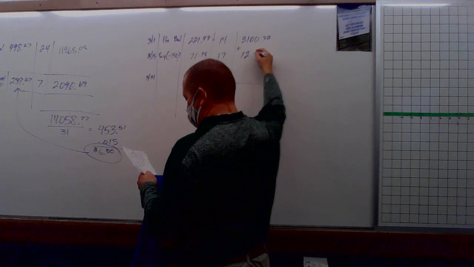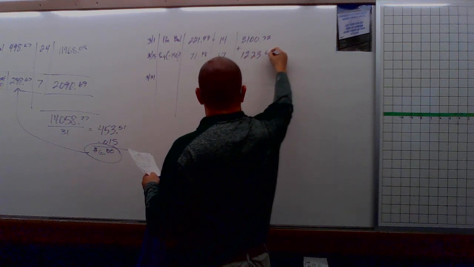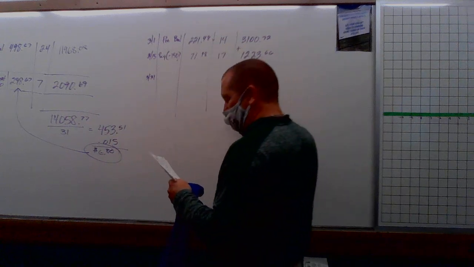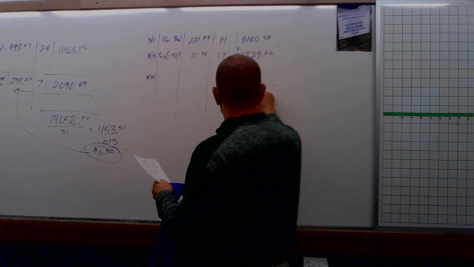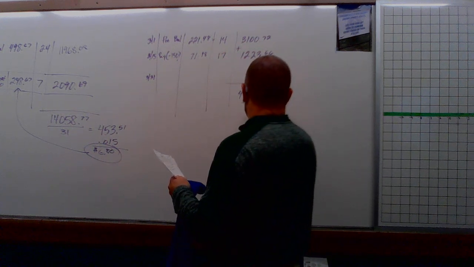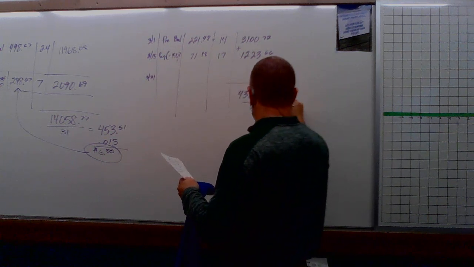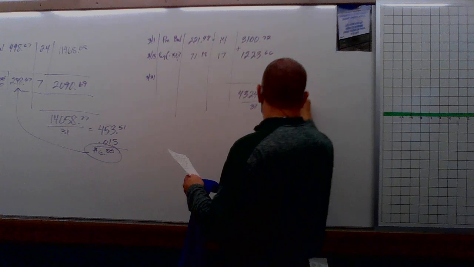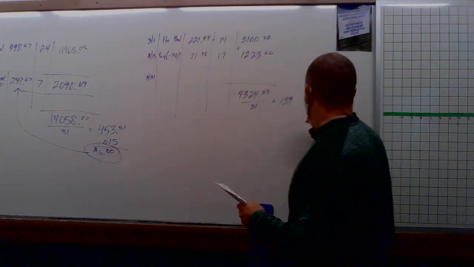Grand total? 4,324.38. Divided by 31. 139.49. You got 34? Yeah, 49.